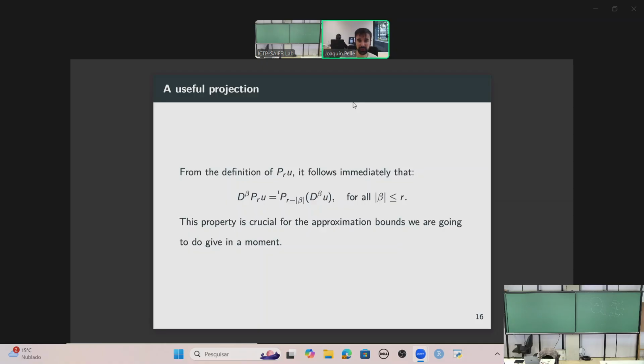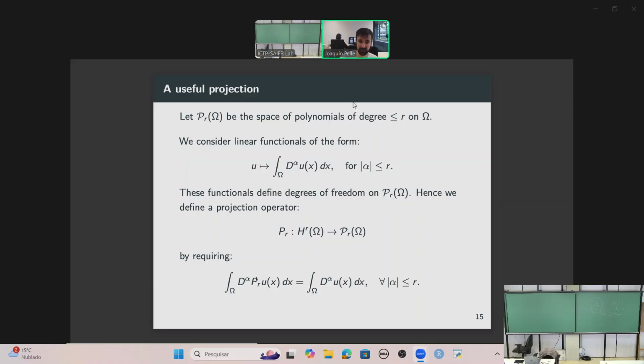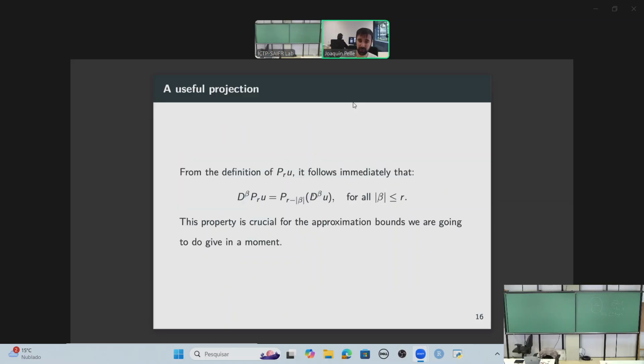When I take the derivative of this projection, again using the definition here, it will tell me that it's the same as the derivative of the function that I am projecting here. So I will end up again with the alpha plus beta derivative of u. So essentially, by definition, these two things are the same. And this is a very important property that this projection satisfies, which is going to be very useful again for the bounds that we are going to construct in a moment.